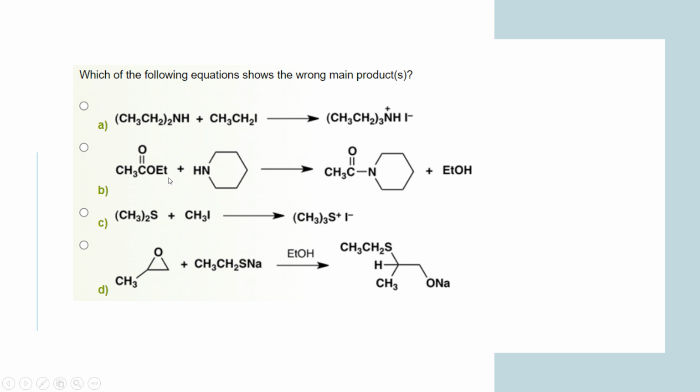So again, the electron-rich nitrogen atom will undergo nucleophilic attack at this carbon center, and in turn this OEt, which is a very good leaving group, will get eliminated. And when you work up with proton medium, that ethoxide will get protonated to give you ethanol as the byproduct here.